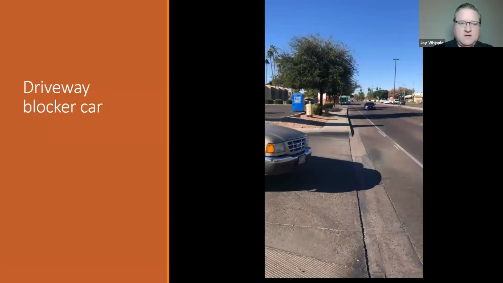Let's see. All right, we're going to start here. I've got a little video and I want to describe a little bit about what this is, because this is a video where I've got a shopping center. There's a big supermarket, and there's a pickup truck that's waiting to leave that shopping center parking lot.